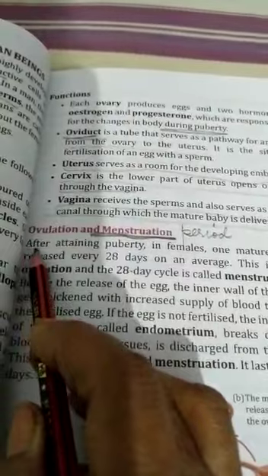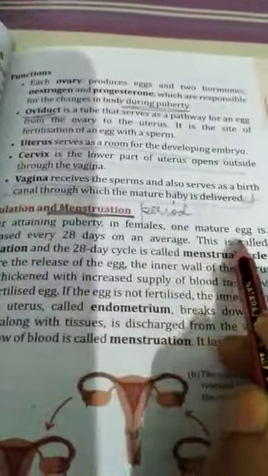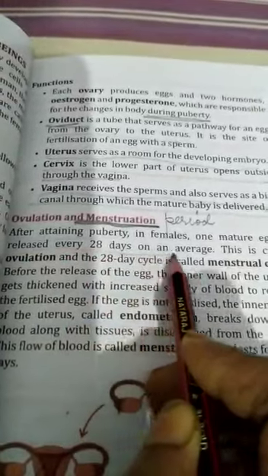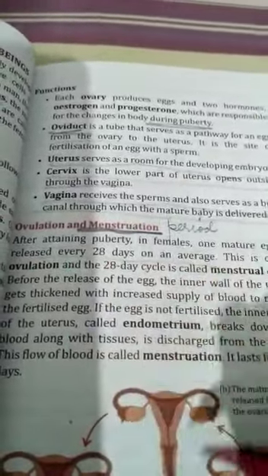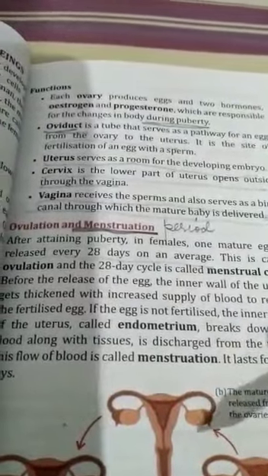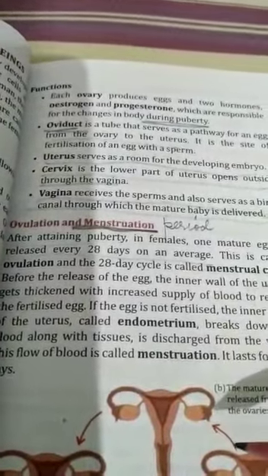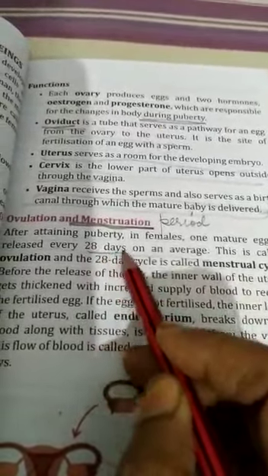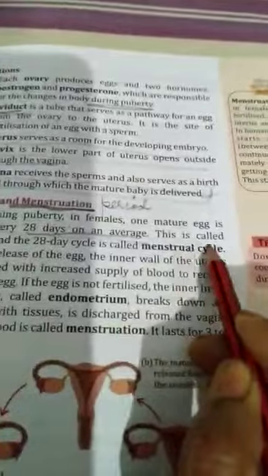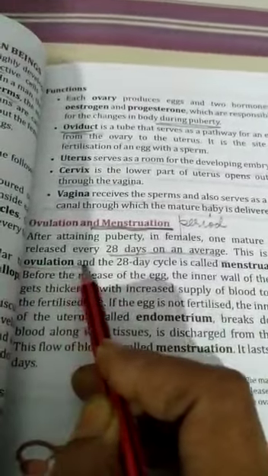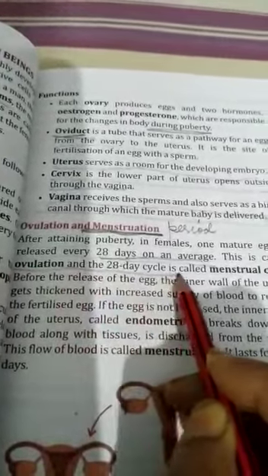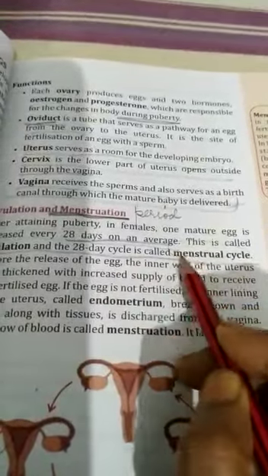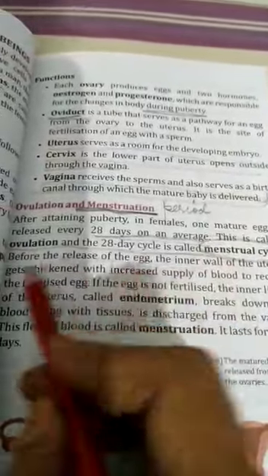After attaining puberty in females, one mature egg is released every 28 days on average. When the girl becomes young, when she reaches the age of adolescence, then this starts. This is called ovulation, and the 28-day cycle is called the menstrual cycle. So you get a period after every 28 days.